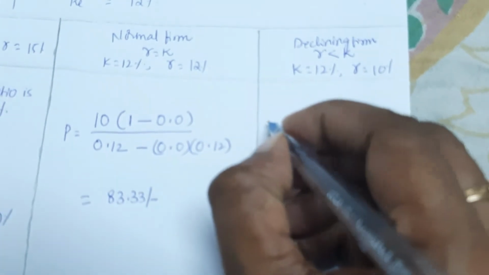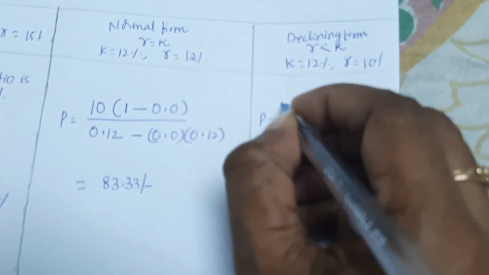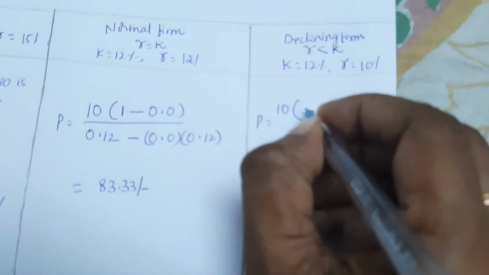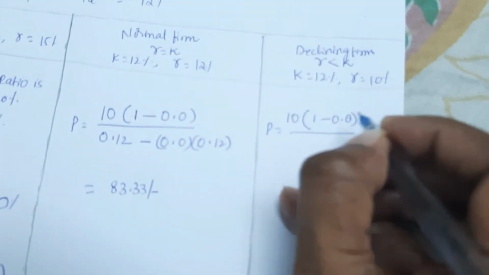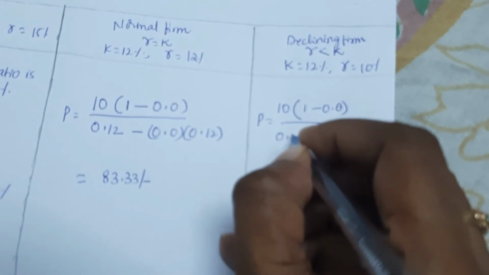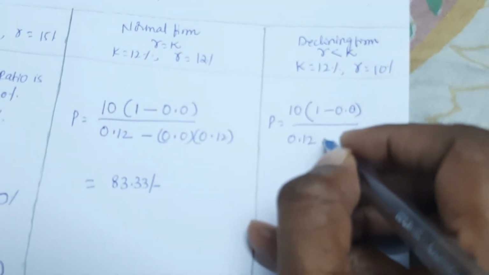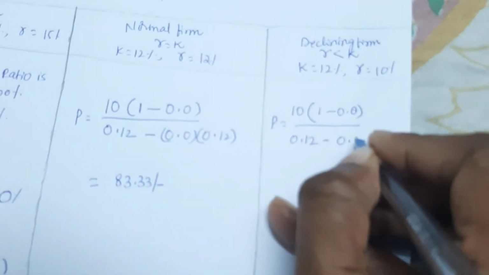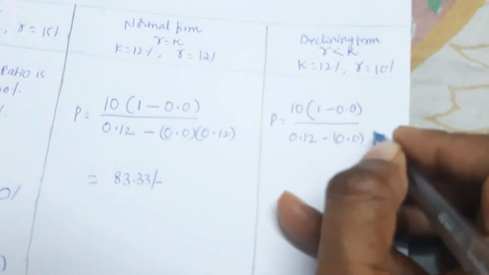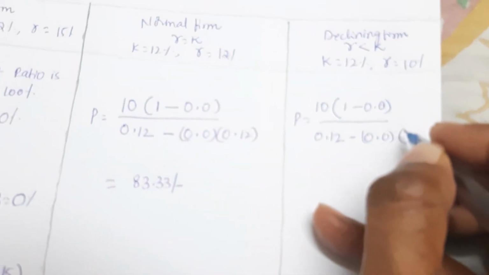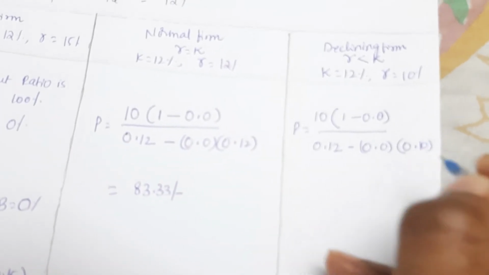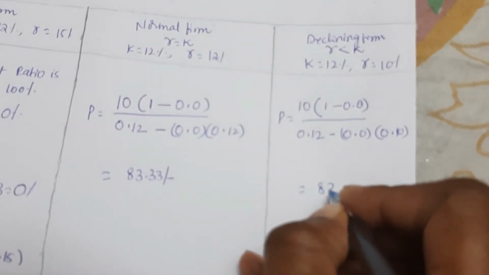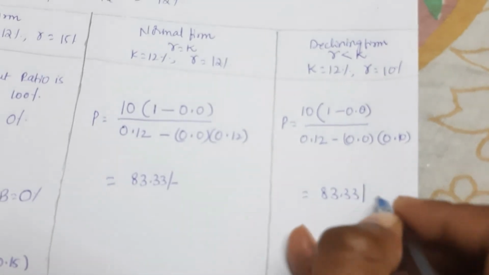Then we will see in case of declining form, P is equal to 10 into 1 minus 0.0 divided by KE, which will be the same 0.12, minus BR, 0.0, into R, here 10%, which is going to be 0.10, which will become 83.33 rupees.